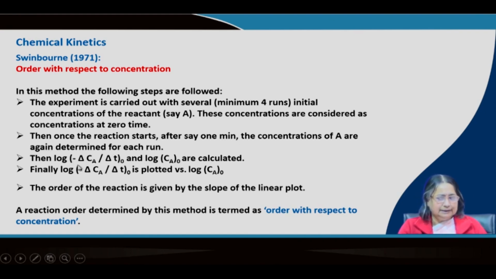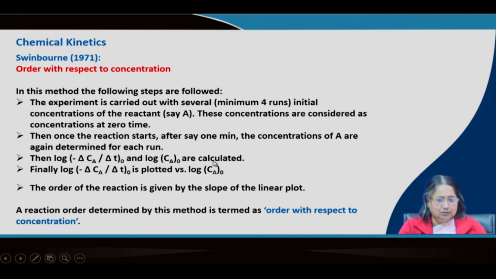So, this value we can get, and we can also get the log of this. Then log Ca0, where Ca0 is nothing but the initial concentration, that is why the 0 term is coming.